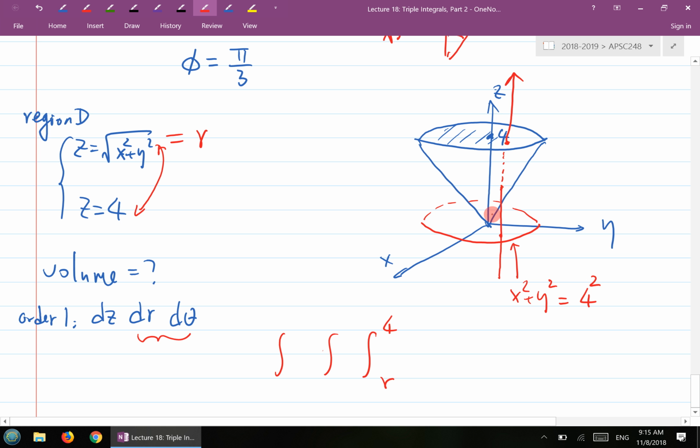So what if I use a different order here? Let's see if I try this order: dr, dz, d theta. What will be the limits?